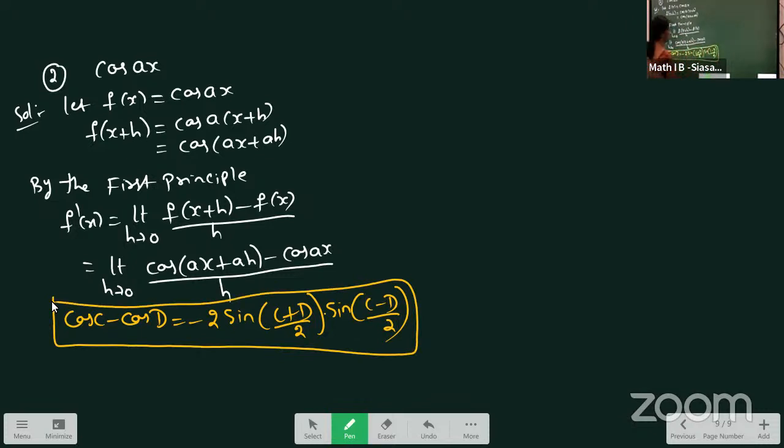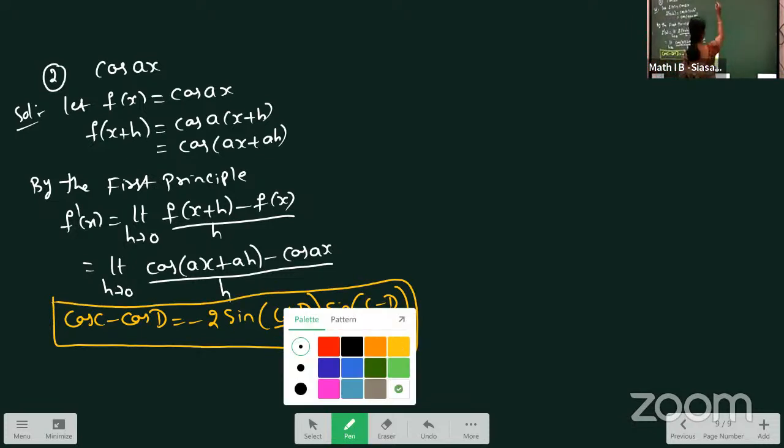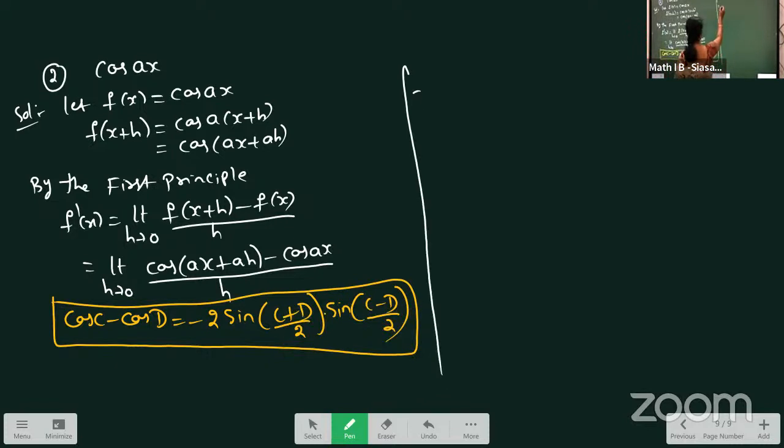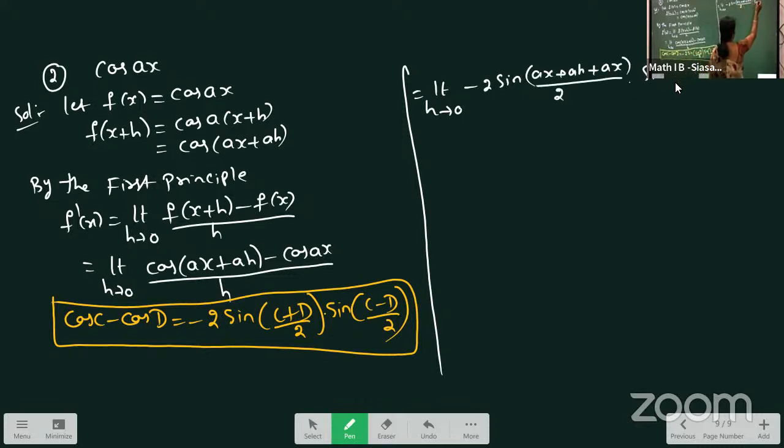Now simplify. It is equals to limit h tends to 0, minus 2 sine c means ax plus ah plus d means ax by 2, into sine c minus d, again same, ax plus ah minus ax by 2, whole divided by h.